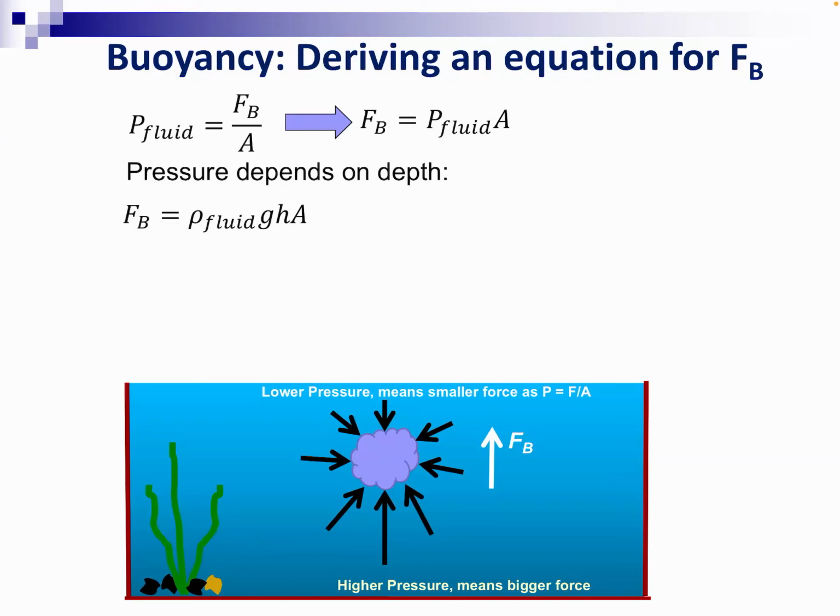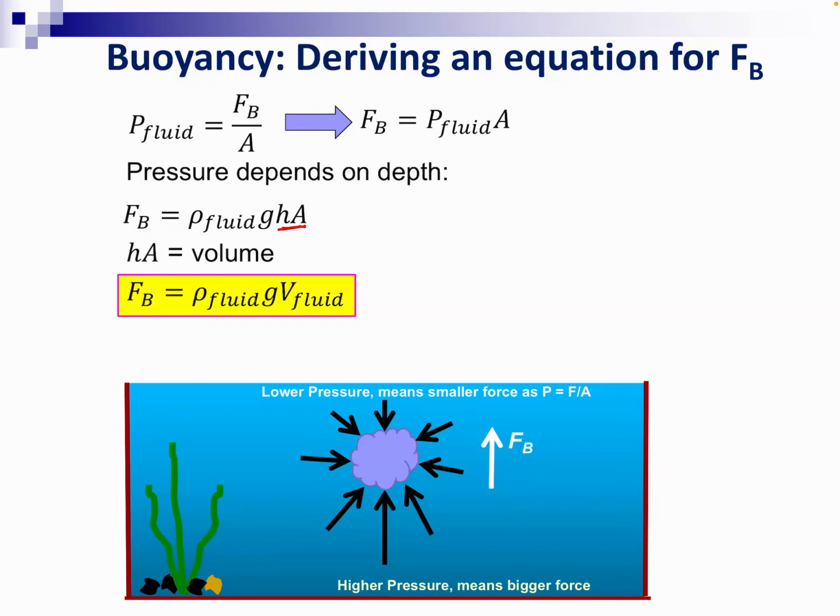Now h times A, these are dimensions. h is height and A is area. So in short, h times A is equal to volume. Therefore, the buoyancy force will be equal to the density of the fluid times g, 9.8 meters per second squared, times the volume of the fluid.